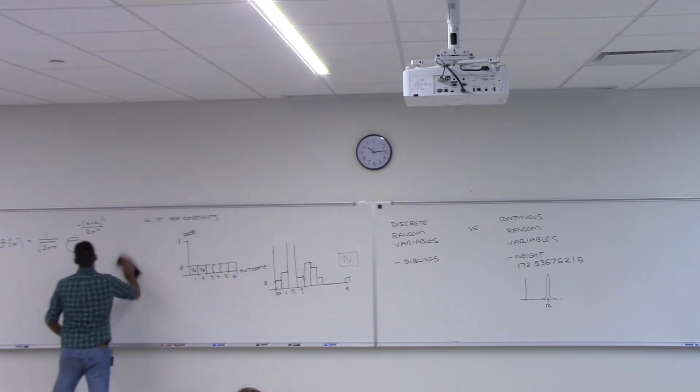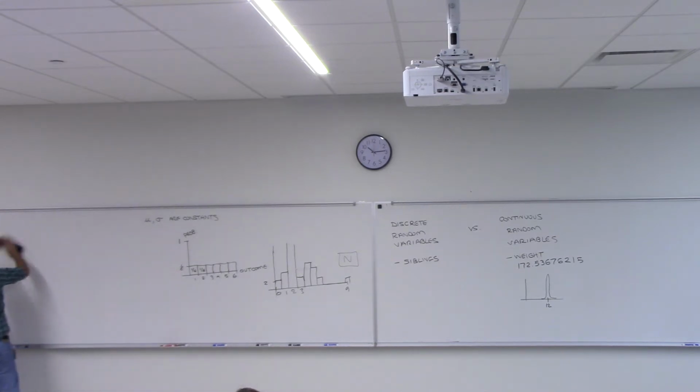Let me give you a different example. What if I take a bag, or let's take a bucket, okay? And in this bucket, let's say I have 4 green balls in here, and then I have, let's go with an easy number, 2 red ones, all right?